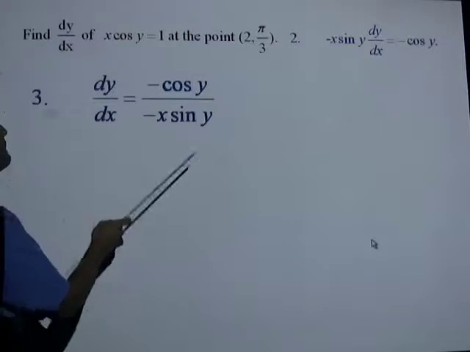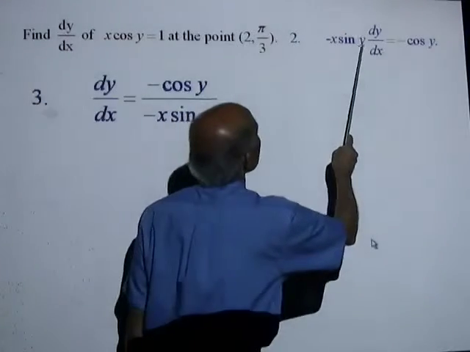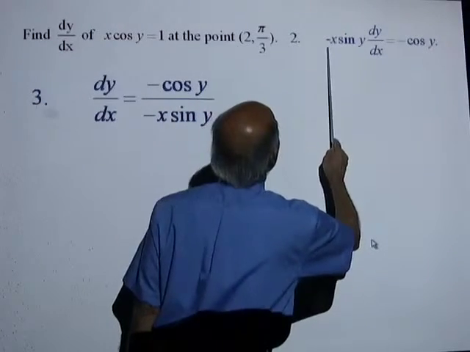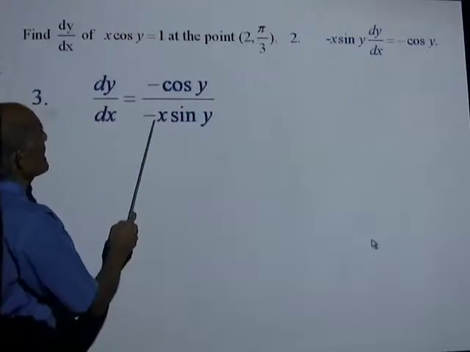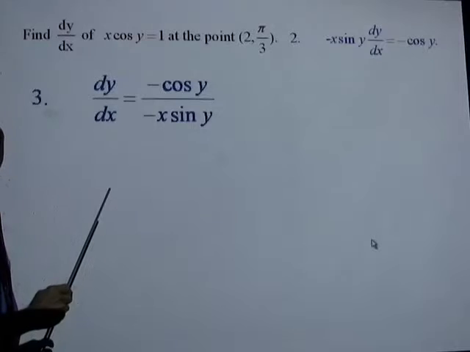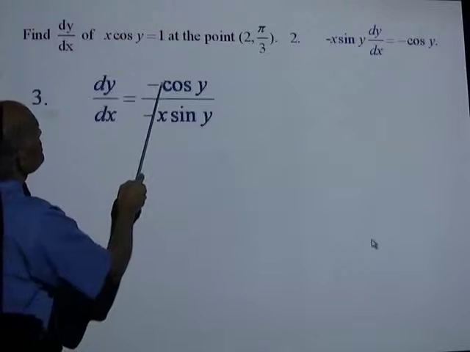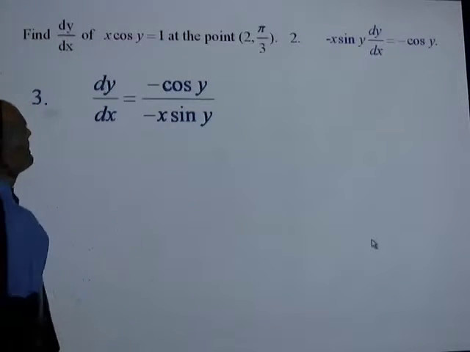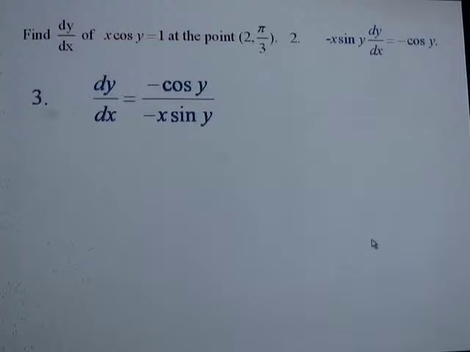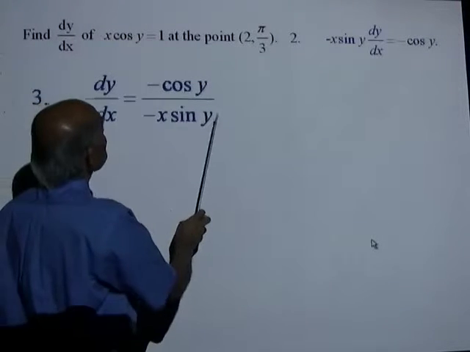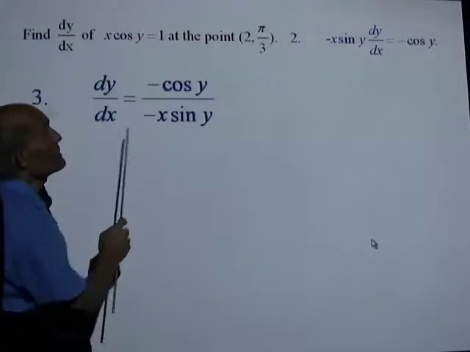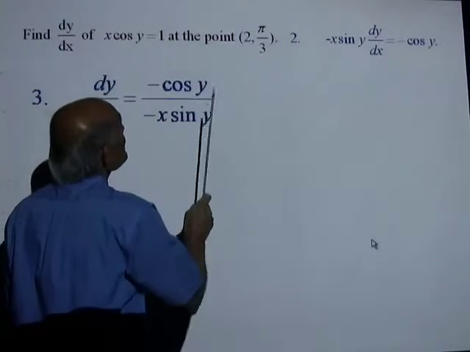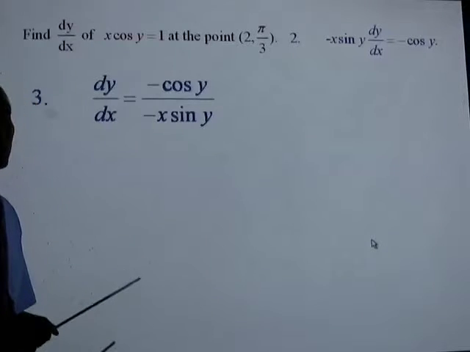Simply divide both sides by negative x sine y. So dy by dx equal to negative cos y divided by negative x sine y. And all we need to do is replace x by 2 and y by pi by 3.